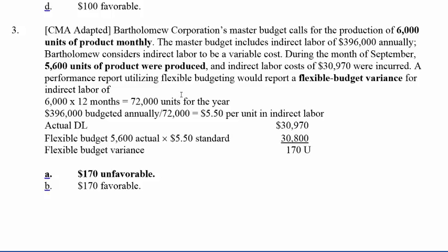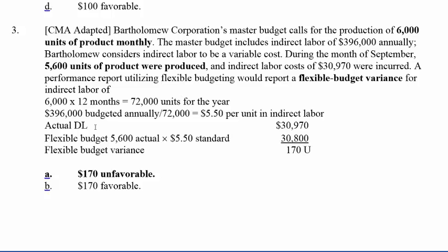Flexible budget variance has not been broken down into price variance and efficiency variance yet. We just want to see what is the total dollar amount that would have been expected using our standard costing for the quantity actually produced versus what we actually ended up paying.